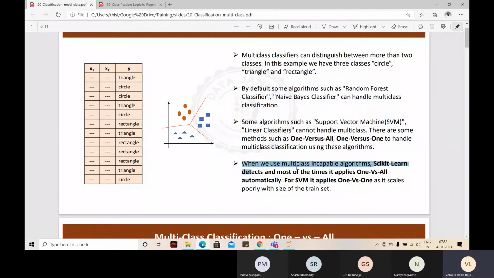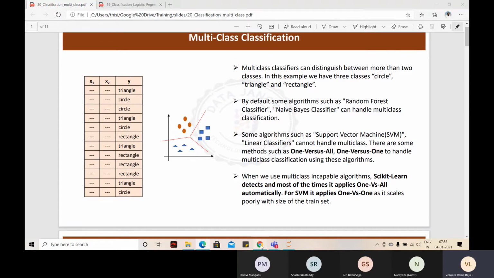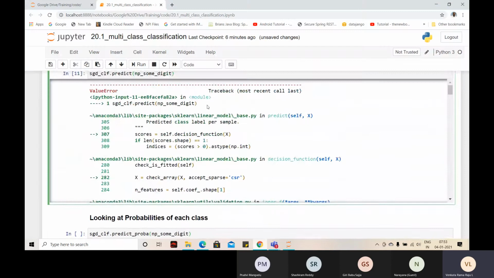When there is a multi-class classification problem and you are trying to use an algorithm like SVM or SGD classifier, scikit-learn by default identifies that the algorithm cannot handle multi-class classification and it uses one of these, but most of the time it uses one versus all. Okay. For SVM, it uses one versus one because it cannot handle huge volumes of data. Got it?